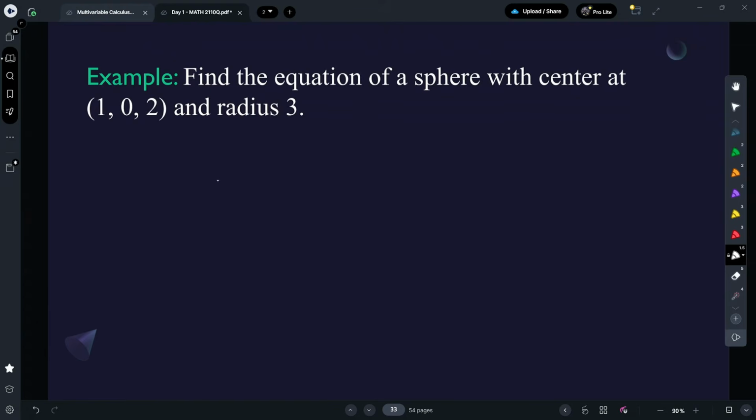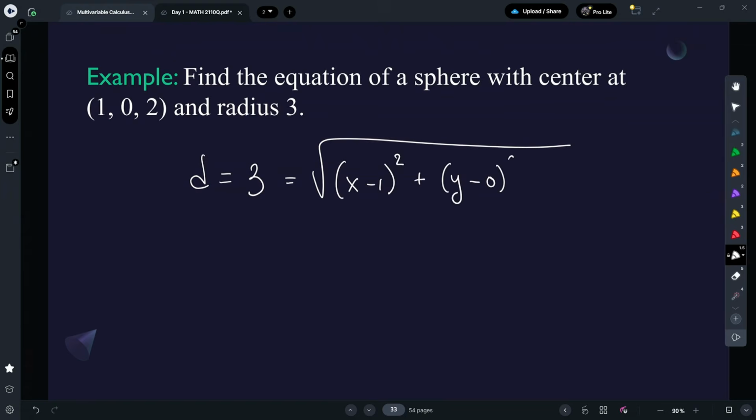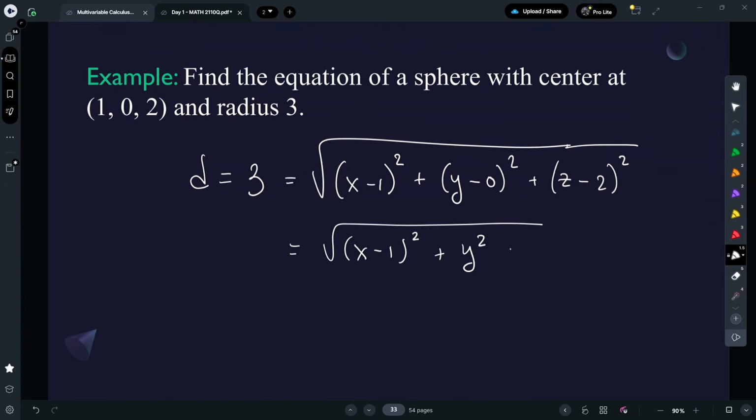So that means that the distance, which is 3, has to be the square root of x minus 1 squared plus y minus 0 squared plus z minus 2 squared. If I simplify the things inside the square root, this is x minus 1 squared. I'm just going to leave it like that. I don't need to expand that square. It's actually convenient to leave them like this.